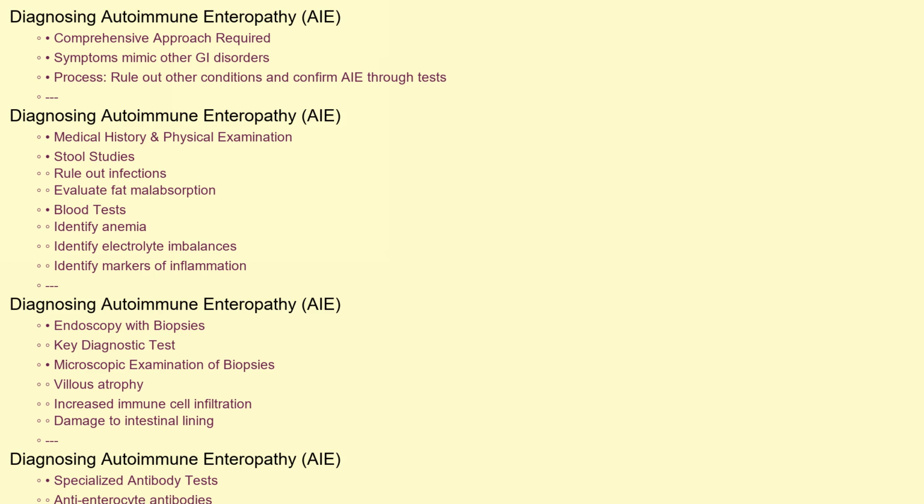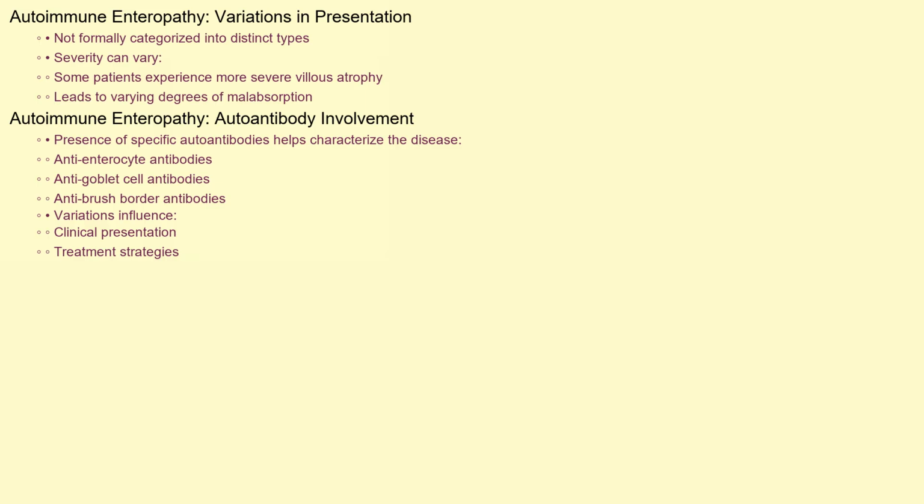Additionally, specialized antibody tests may be used to detect autoantibodies, such as anti-enterocyte antibodies or anti-goblet cell antibodies, which further support the diagnosis. It's also essential to rule out other causes of villus atrophy, such as celiac disease or giardiasis, before confirming the diagnosis of autoimmune enteropathy. Autoimmune enteropathy isn't typically categorized into distinct types, but it can present with variations in the severity and specific autoantibodies involved.